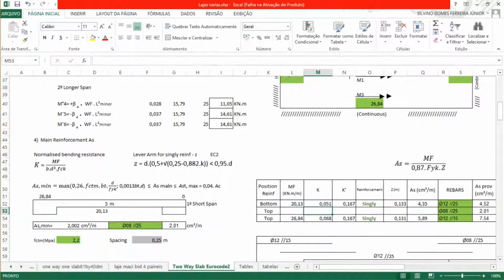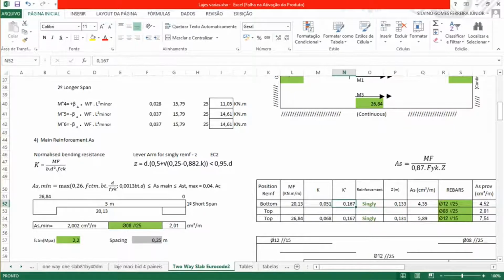Okay, so this K will give us 0.051, and we have this condition in the code that this one has to be minor than this one, 0.167, that is limiting this K. So when this happens, it's singly reinforced, otherwise it will be doubly reinforced.